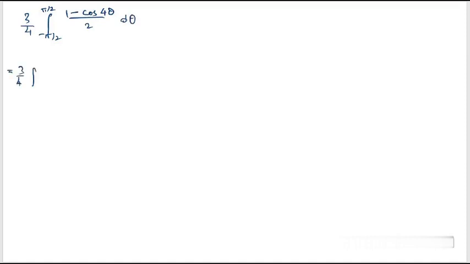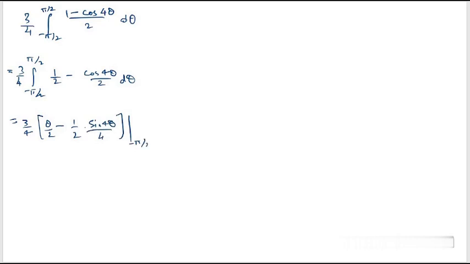That's 3 by 4 minus pi by 2 to pi by 2, 1 by 2 minus cos 4 theta by 2 d theta. That's 3 by 4. That becomes theta by 2 minus sine 4 theta all divided by 8. And we just insert the limits minus pi by 2 to pi by 2.